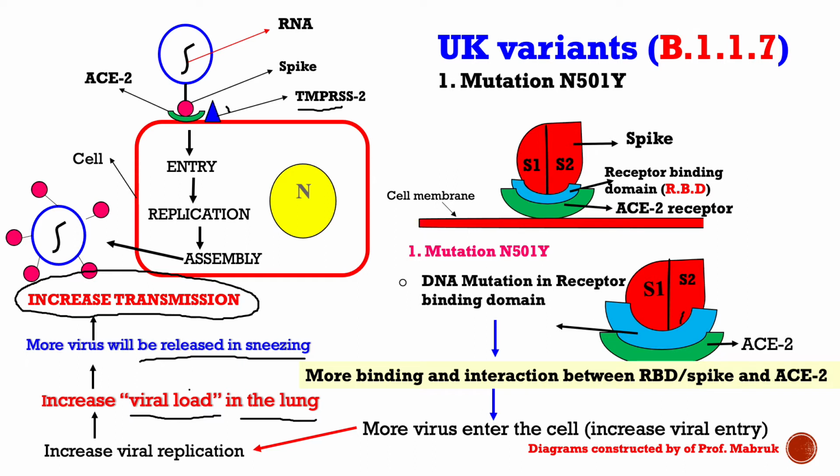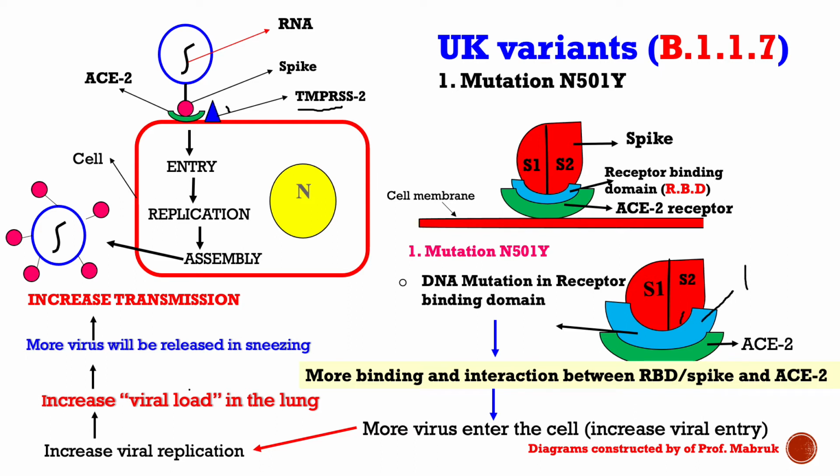So you can see that there is a mutation, which we call N501Y, in the UK variant of coronavirus COVID-19, or B.1.1.7. This mutation results in a change in the receptor binding domain, which you see here, the RBD, of the spike protein of coronavirus COVID-19.